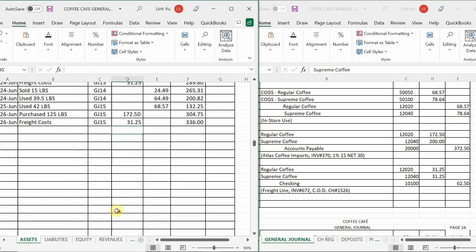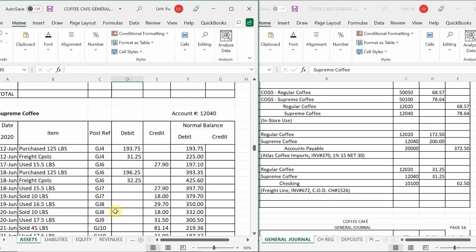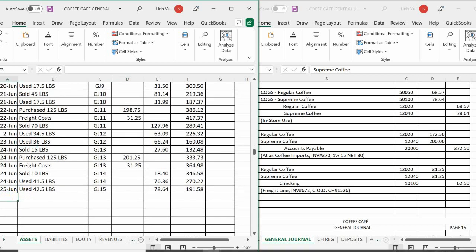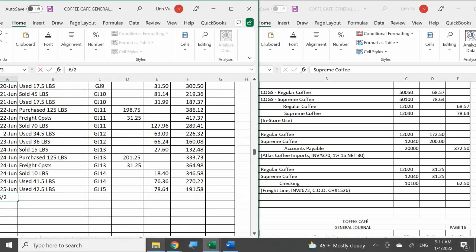Okay. We also have to add in our Supreme coffee here. Right, we bought 125 pounds, so we also have some freight costs for 231.25.